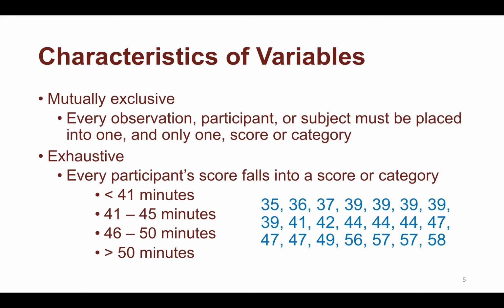It's also exhaustive because every participant's score can fall into a category. So I have enough different categories to represent all the possible times that it took to finish the exam, whether that was less than 41 minutes, 41 to 45 minutes, 46 to 50 minutes, or more than 50 minutes. There's no gaps, there's no overlap, so they're mutually exclusive, and there's no gaps, so that they're exhaustive.